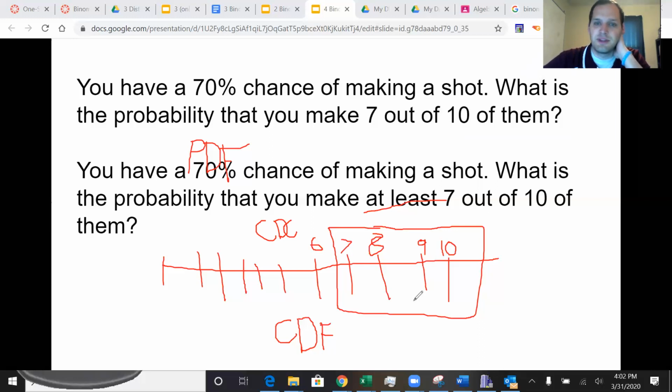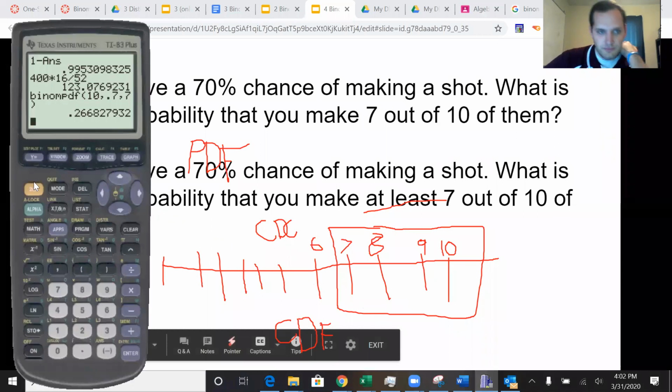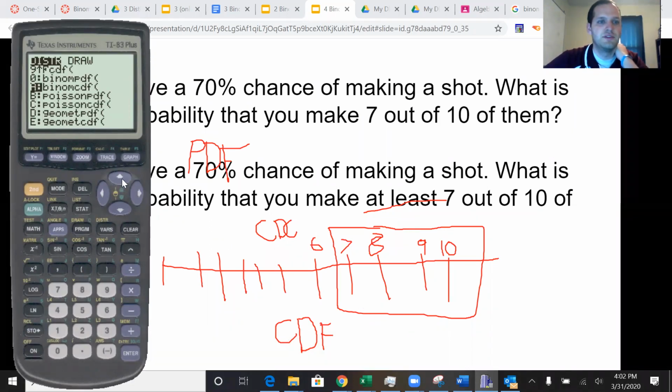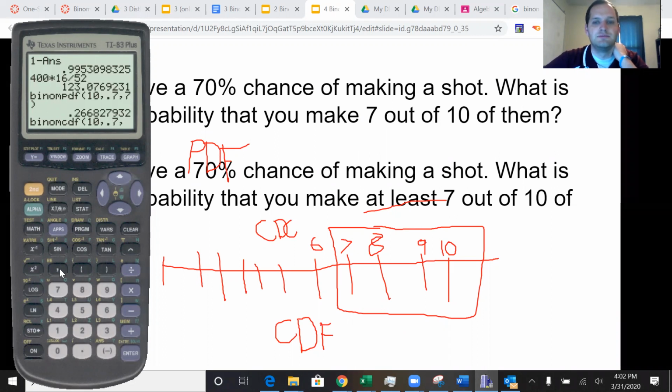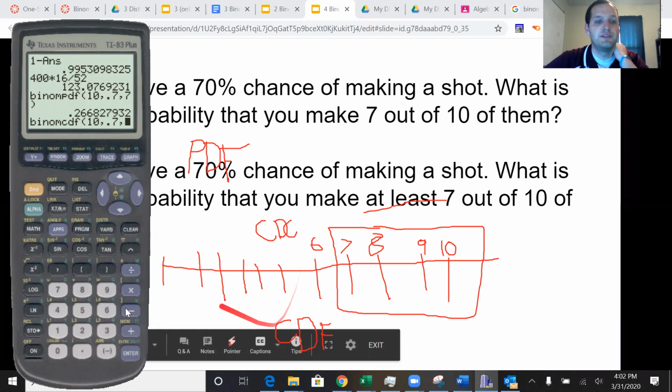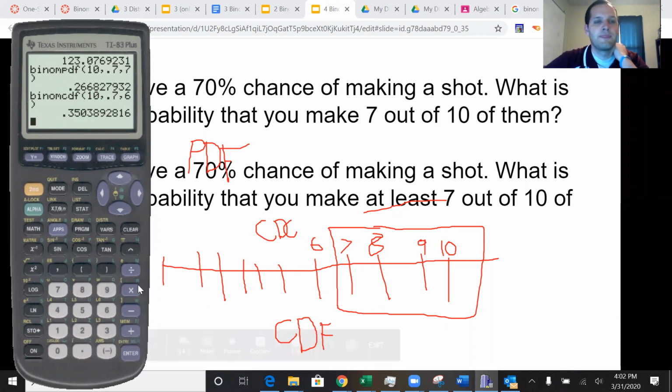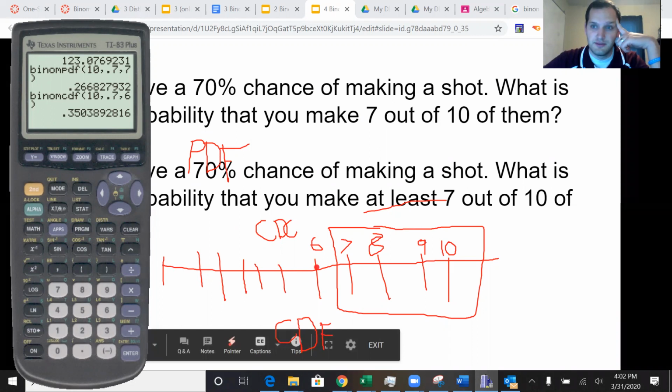So if I plug that into a calculator, we're going to do the binomial CDF from the distribution menu. We're going to do 10, comma, 0.7, comma, we want to make at most 6, close the parenthesis. It's going to be about a 35% probability for 0 to 6.